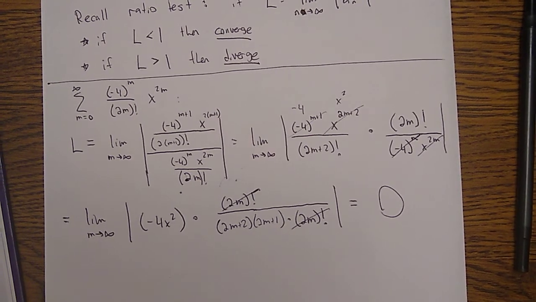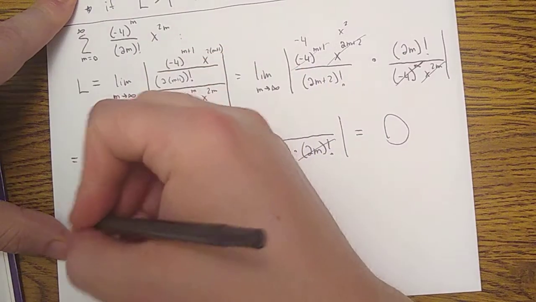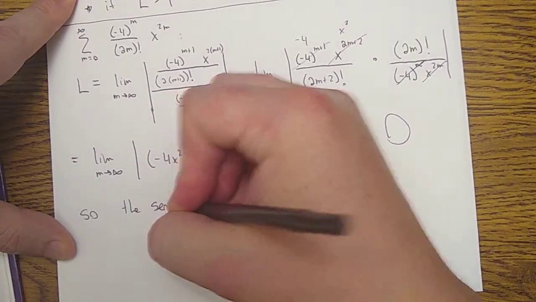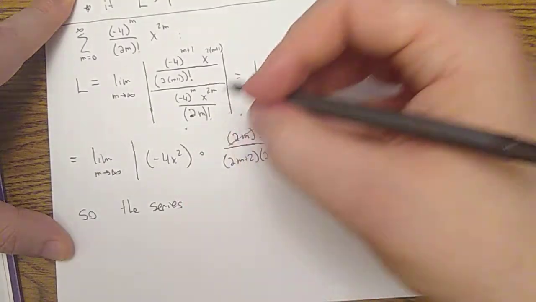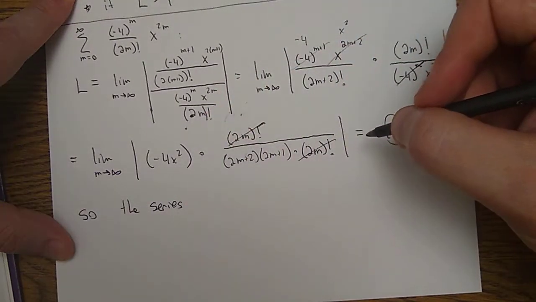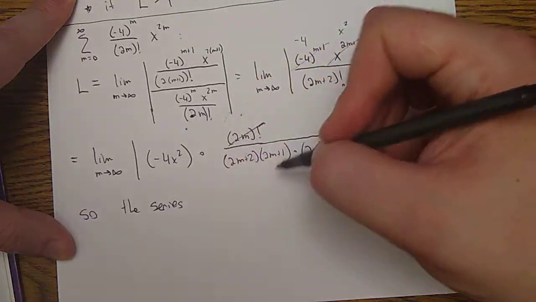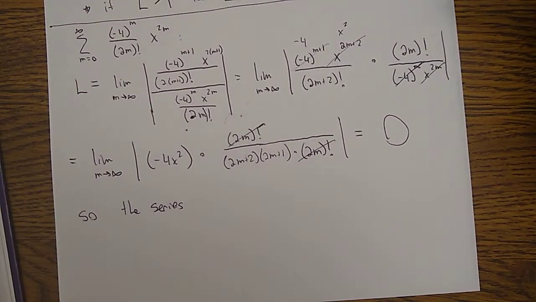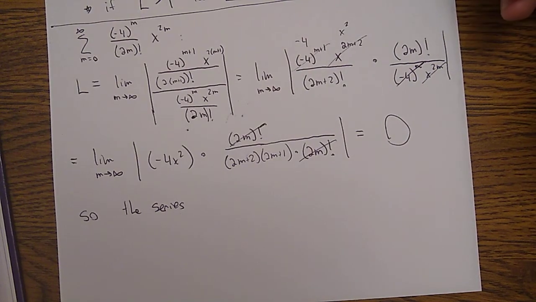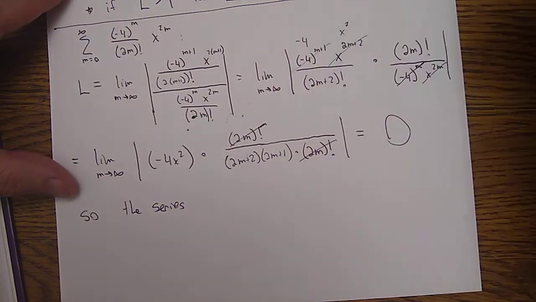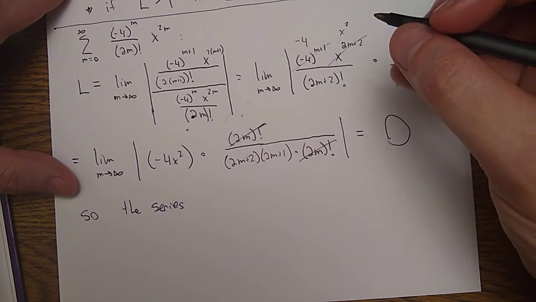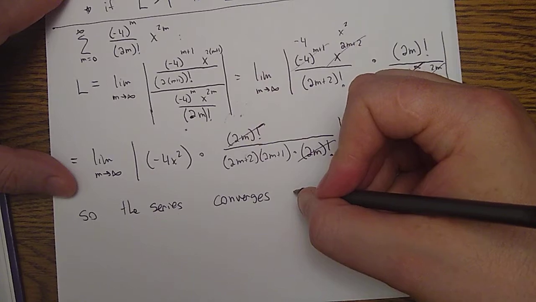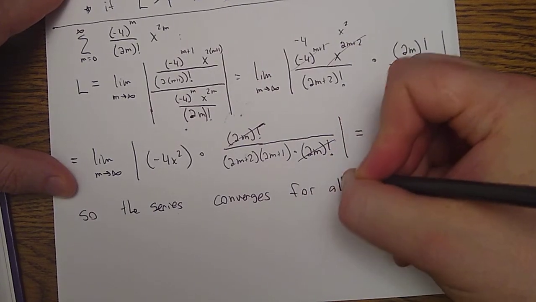So what does that mean? So the series always converges. Sometimes here you get an actual limit other than 0, and then this x would not go away, and then you get some condition on x in order for this series to converge. So this series converges for all x.